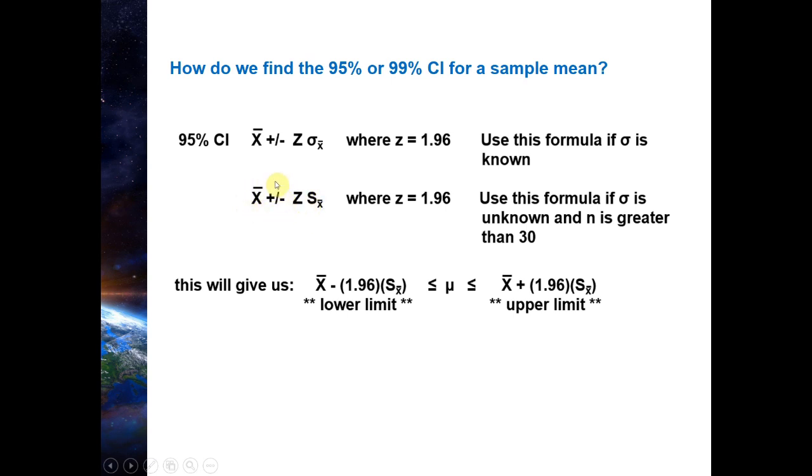All right, so first of all, let me explain why we don't use this one. X bar plus or minus Z times standard error of the mean, where we're using the actual standard error of the mean and not an estimate of it. In order to use this formula, you need to know what the standard deviation is in the population.